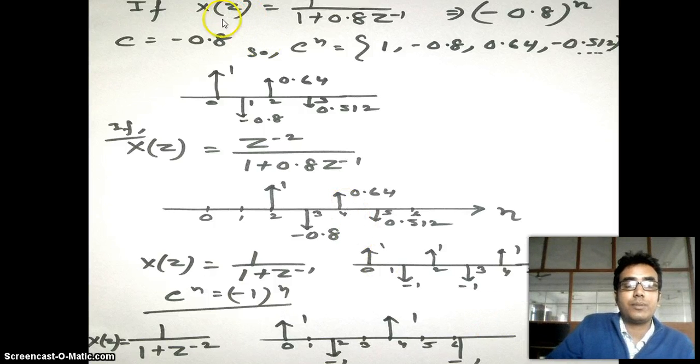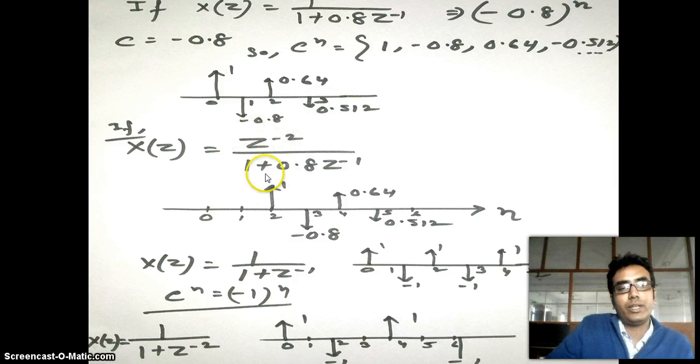Next, suppose the z transform is given as 1 by 1 plus 0.8 z inverse. So here c will be minus 0.8, that means the signal will be (minus 0.8) to the power n. So if you draw the signal, then at 0 the value will be 1, but at 1 the amplitude will become minus 0.8, so it will alternate the value.